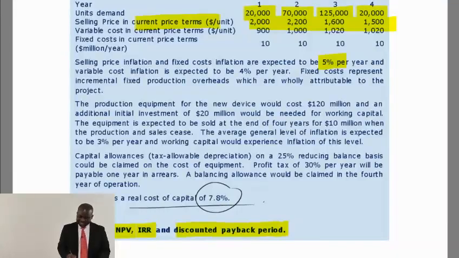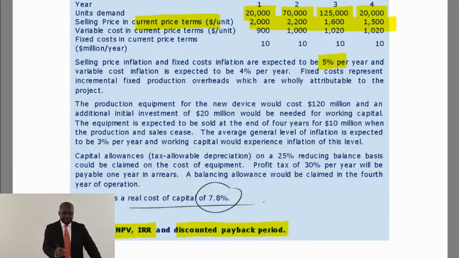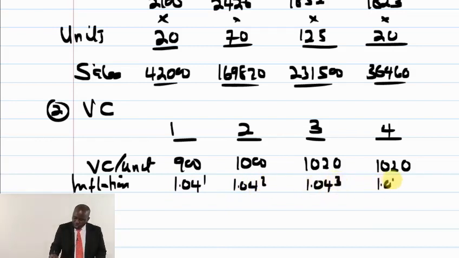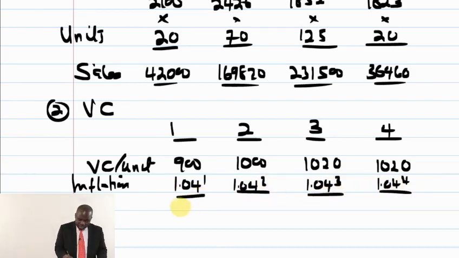What is the question saying about inflation and variable cost? The question is saying inflation is 4%. So if it is 4%, we're going to have 1.04^1, 1.04^2, 1.04^3, 1.04^4.